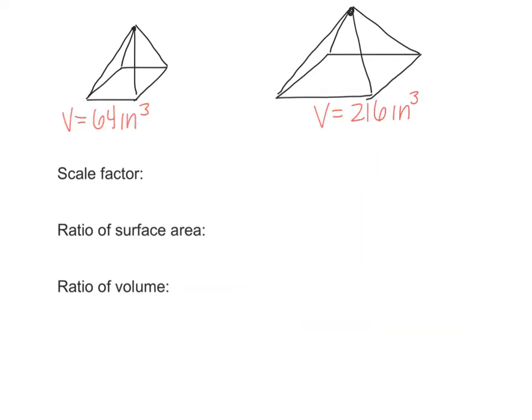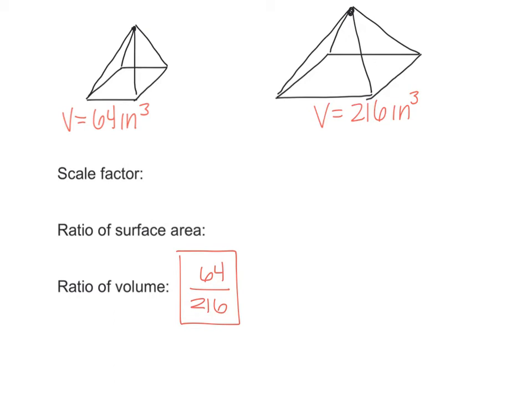Okay, so let's say I'm told that I have two square pyramids and I know their volumes. I know one is 64 inches cubed and one is 216 inches cubed, and I know that these two shapes are similar. So automatically, before I do anything, I already have my ratio of my volume. I can go ahead and say, okay, small is 64, and then the large is 216. And you can reduce that if you want, but we're going to keep this just like this for right now.